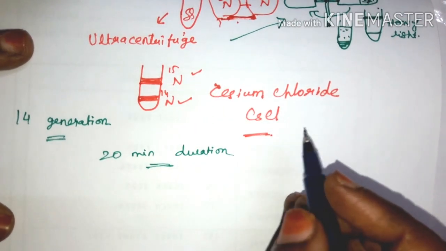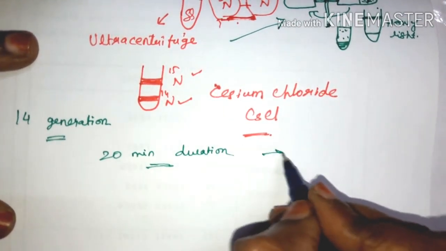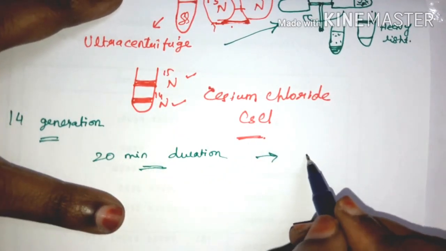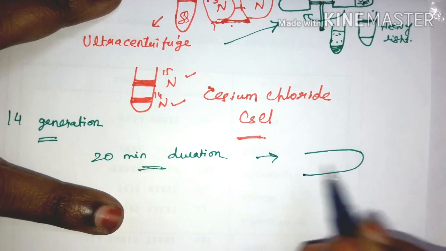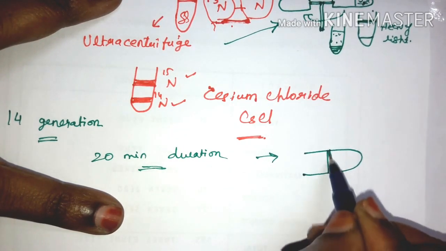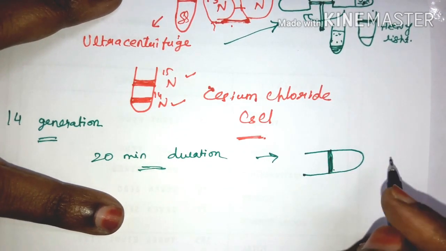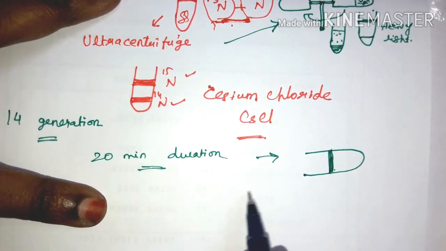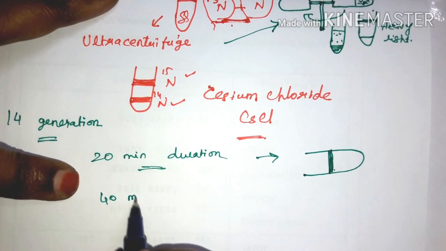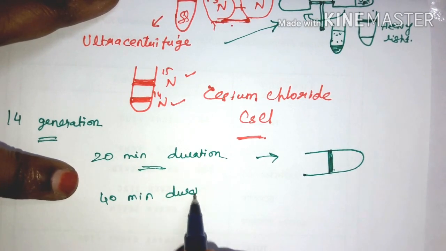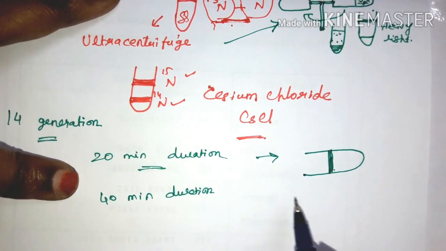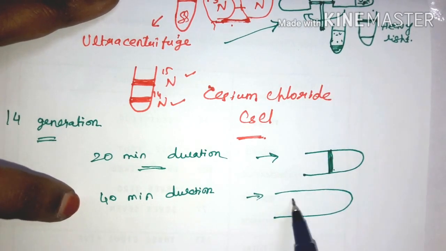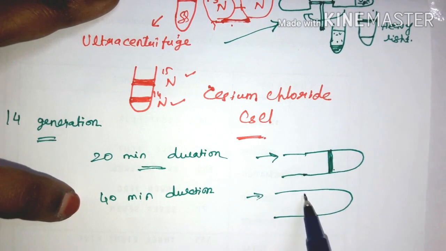The first centrifugation gives a band formation that is light, completely 100%. After 20 minutes, that is after 40 minutes, one more band is formed, that is the intermediate one.